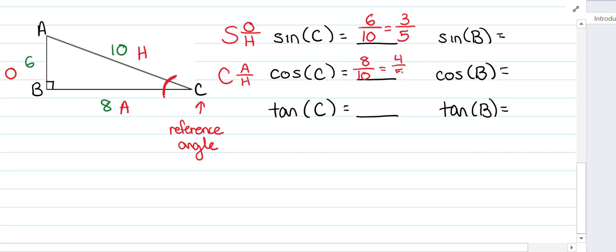Simplifying again, cosine of angle C is equal to 4/5. And tangent, TOA, the opposite side is 6, the adjacent side is 8. When I simplify my ratio, 6/8 can be simplified to 3/4. And that is trigonometry.